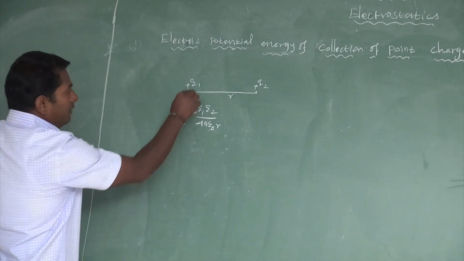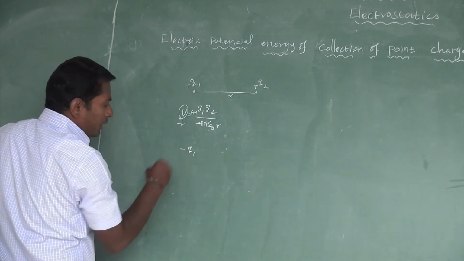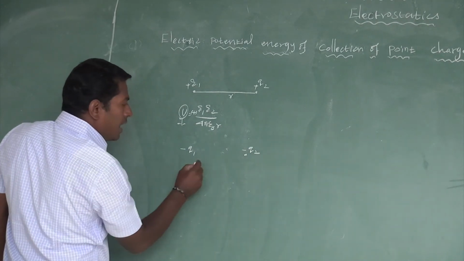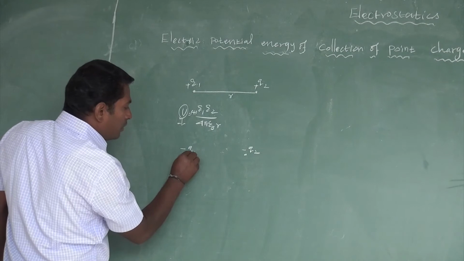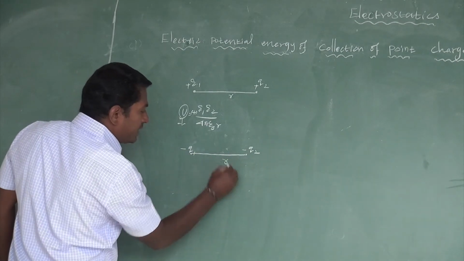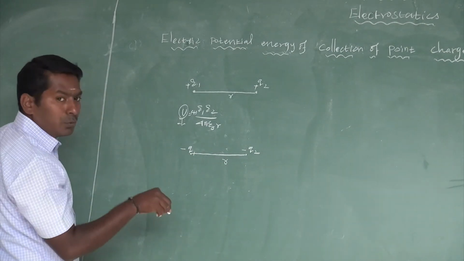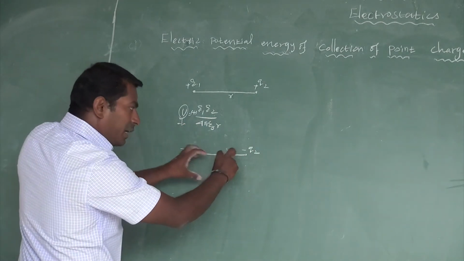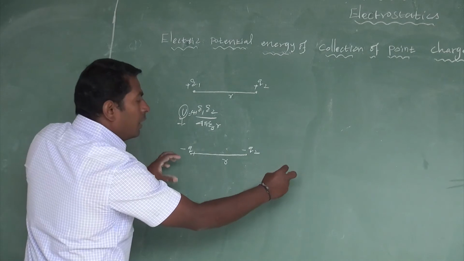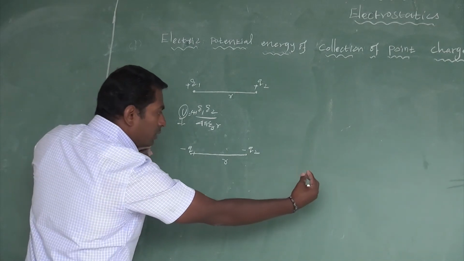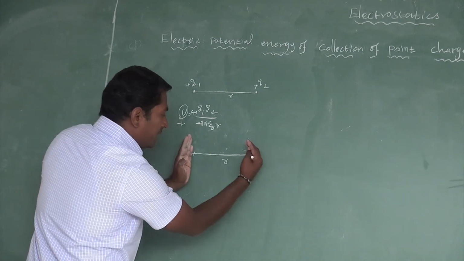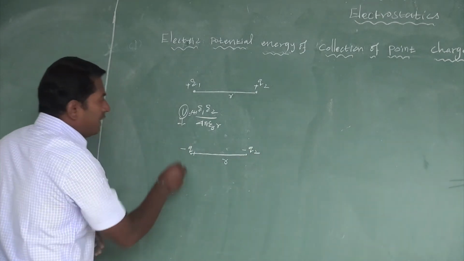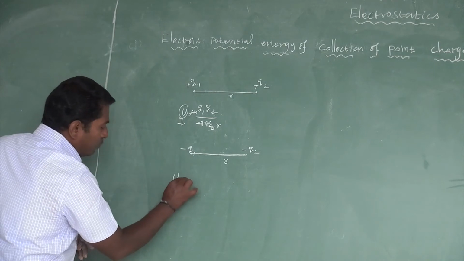Suppose we take minus Q1, a negative point charge, and minus Q2, another negative point charge, assembled at a distance r apart in air, vacuum or free space. Both negative charges exert a repulsive force. In order to overcome the repulsive force, work has to be done by the external agency to assemble both charges at a particular distance r. That work done is stored as electrostatic potential energy.